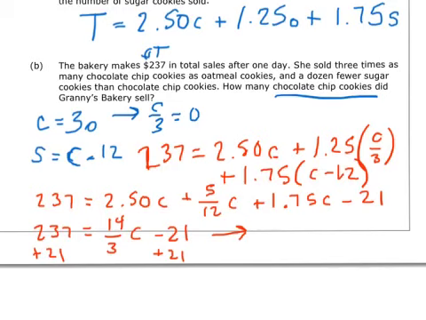Then we add 21 to both sides. So 237 plus 21 is 258, which is equal to 14 over 3c. If we want to solve for c, we can multiply 258 times 3 and then divide that by 14.